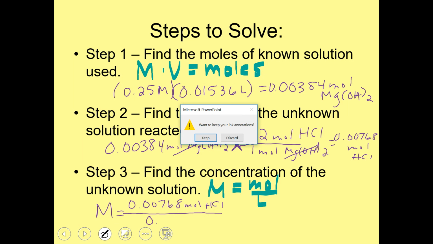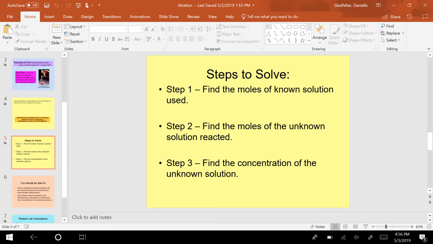Oops, do not want to do that. Uh-oh. It is going to close my PowerPoint because I bumped this. All right, I'm going to let it discard that. It's going to close it. I'm going to have to start it up again.